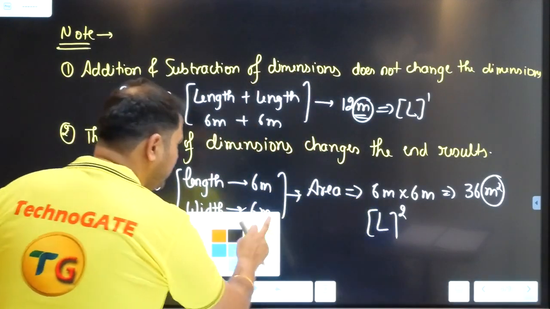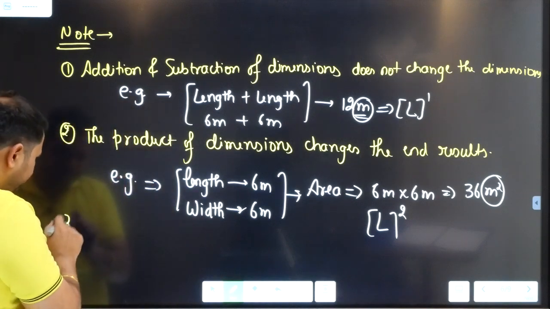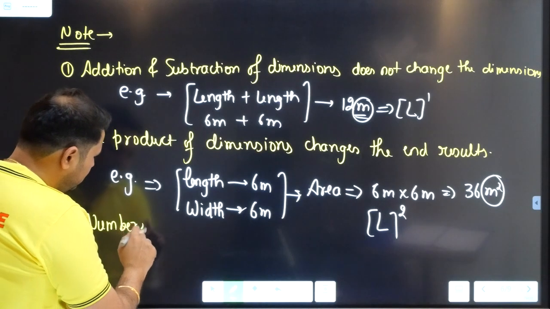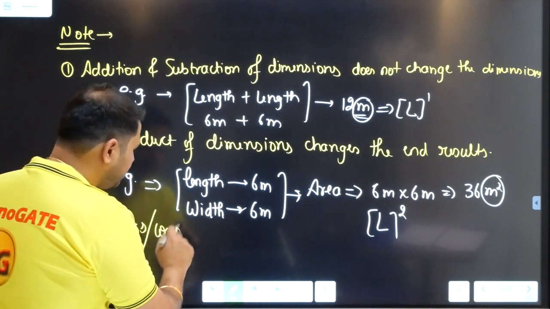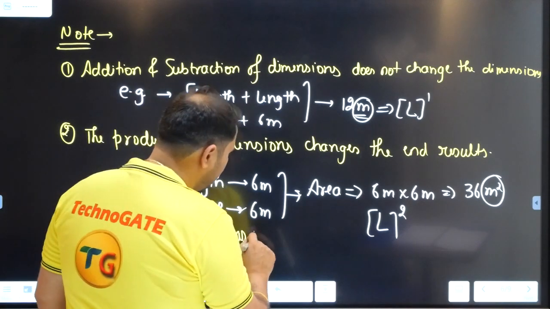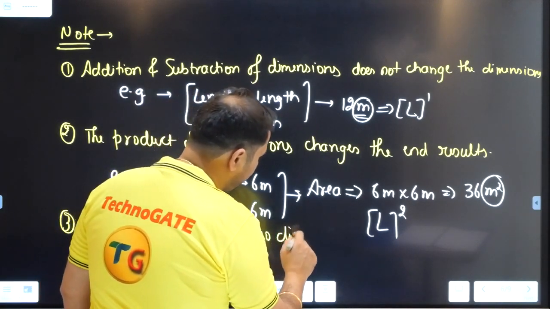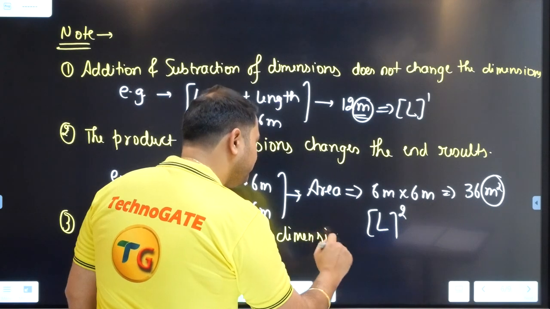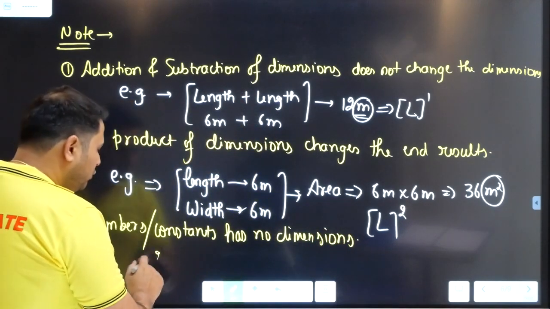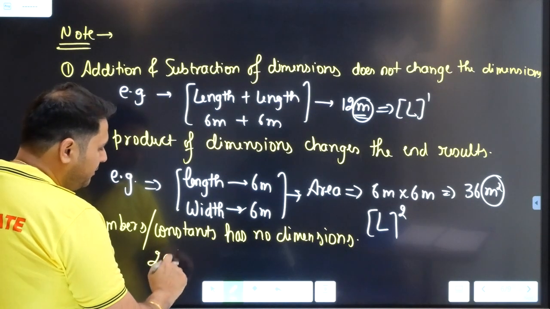Now the third note which I am adding is: numbers or constants have no dimensions. What is the meaning of it? Suppose I write 2ab.